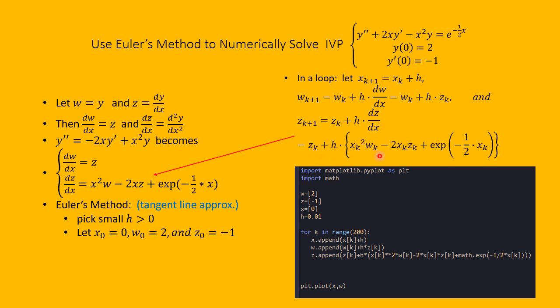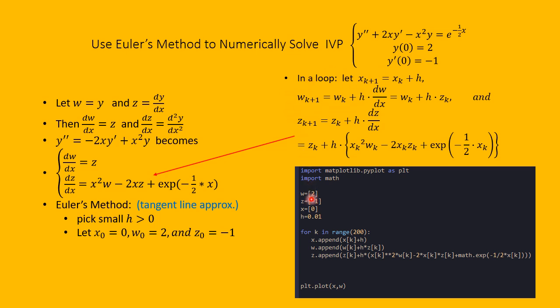Okay? Now, at the end of a loop in a program that does this sort of stuff, the w's correspond to the y's, and the x's correspond to themselves. So what we want to do at the end is plot x versus y, and so in this scheme we'll be plotting x versus w.